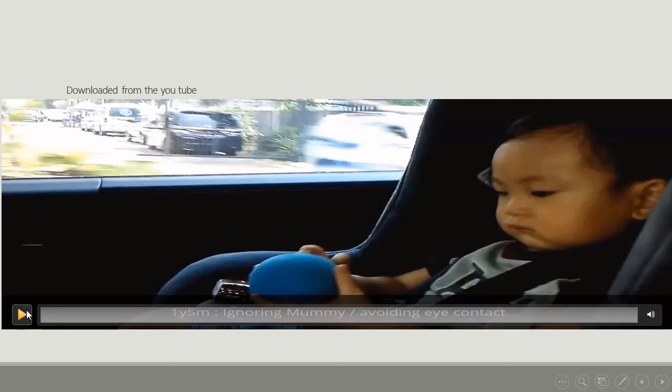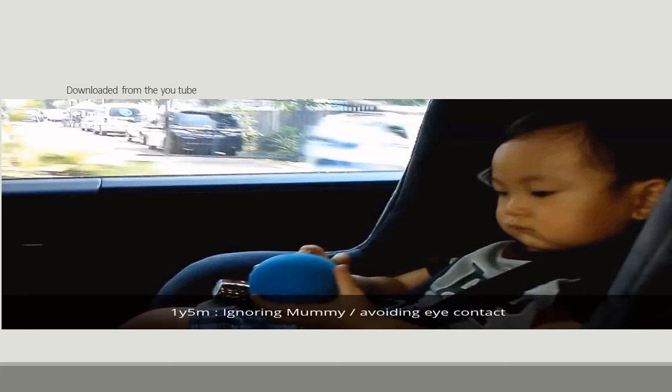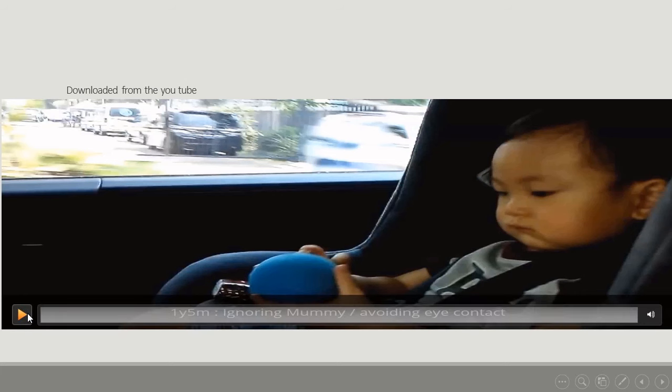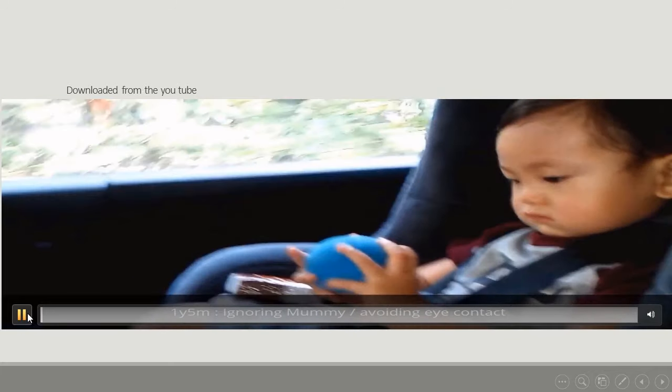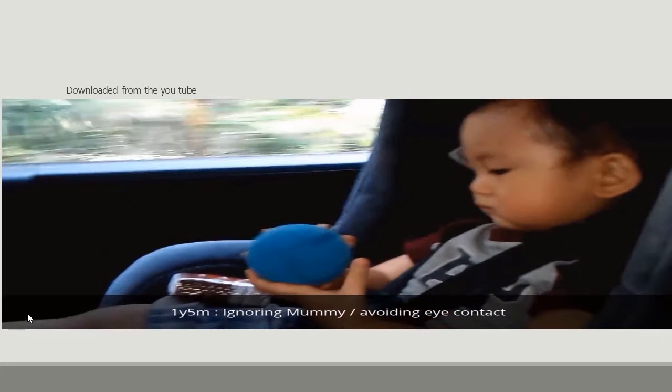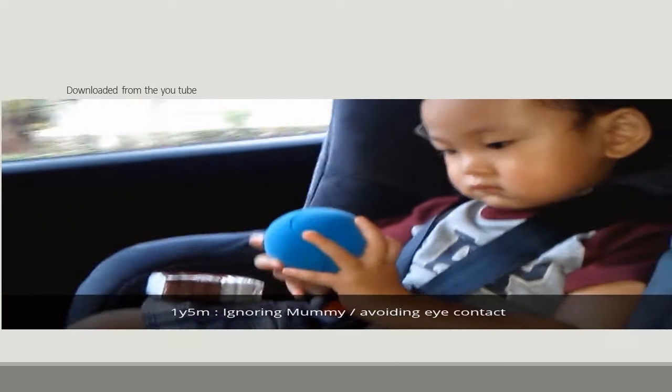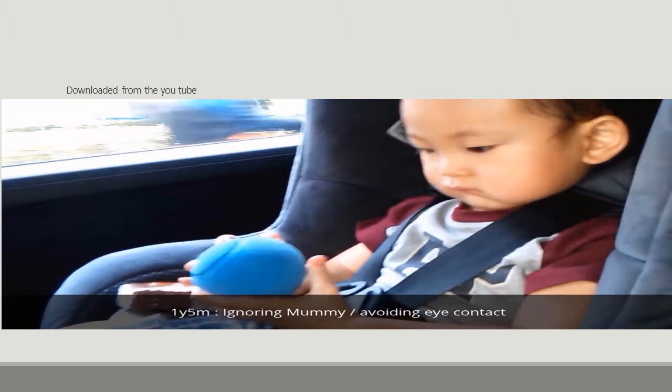This is how autism spectrum disorder looks in a child. Look at mommy.